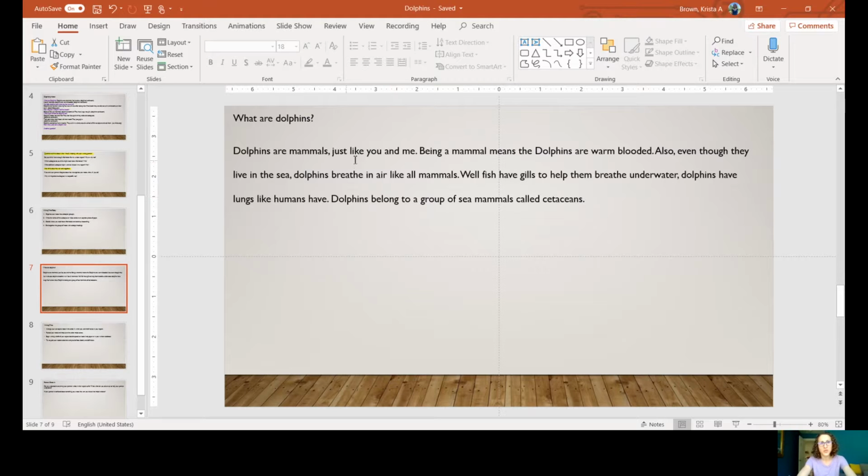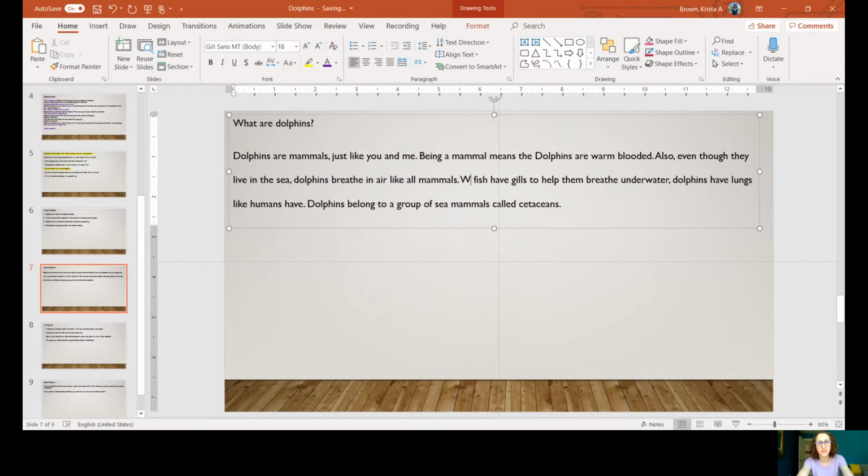Dolphins are mammals, just like you and me. Being a mammal means the dolphins are warm-blooded. Also, even though they live in the sea, dolphins breathe in air like all mammals. Well, fish have gills to help them breathe. I'm sorry, this should have been while.